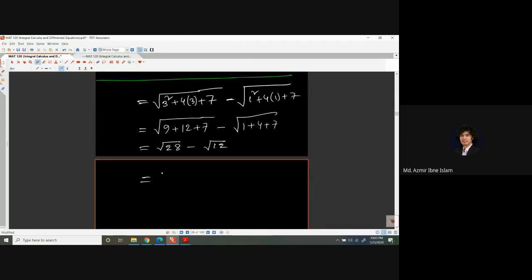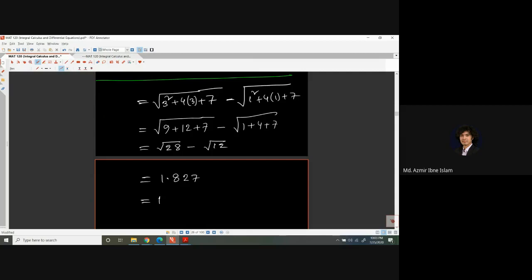If we simplify this one, then root over 28 negative root over 12 is equal to 1.827. I am using my calculator. Okay, so this is the result.